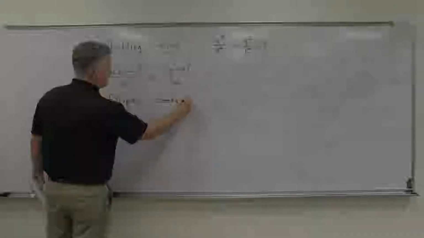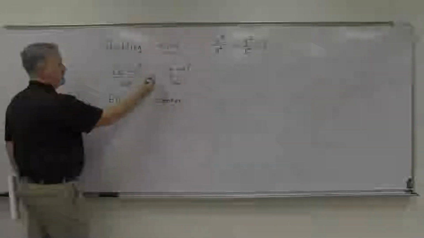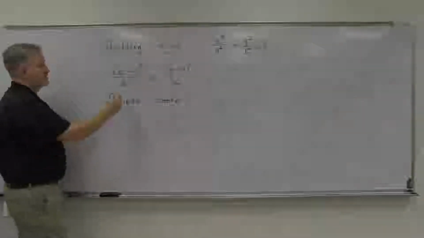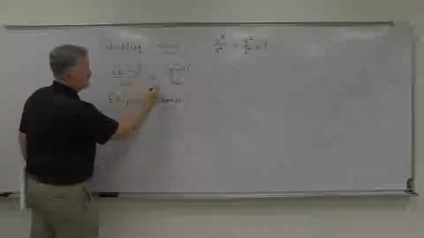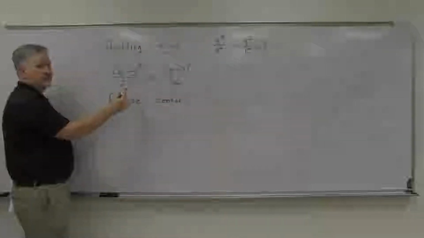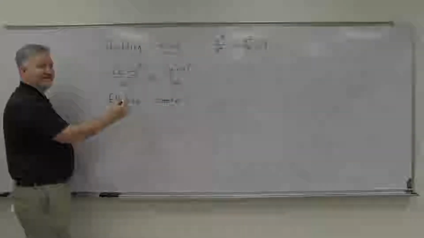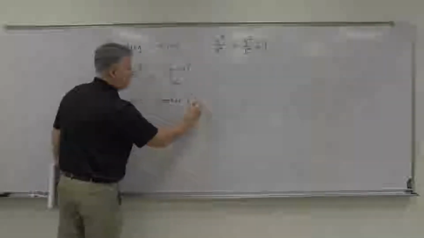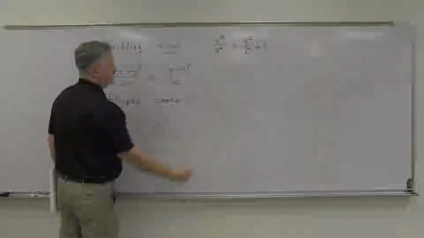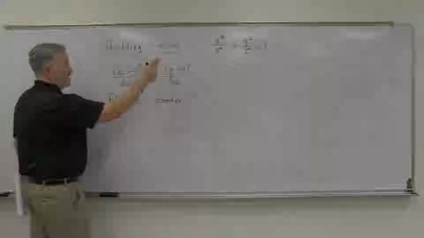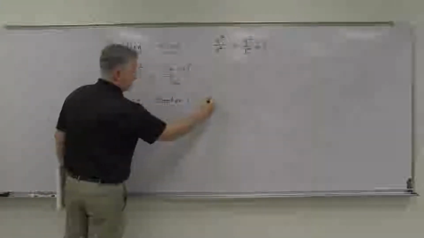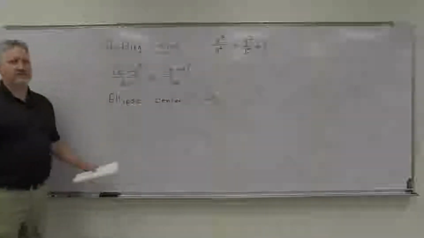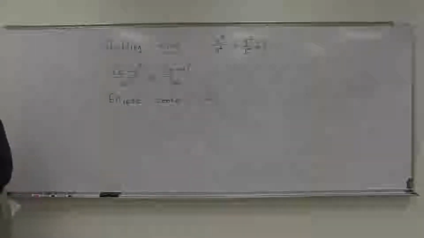Well, just like the circle, we read the center off of these numbers inside the parentheses. The x coordinate of the center comes from that. Positive or negative 3? Positive 3, yeah, you do the opposite. Same thing here, the y value comes off of this value. Negative 4, do the opposite. That's going to be the center, just like we did circles.